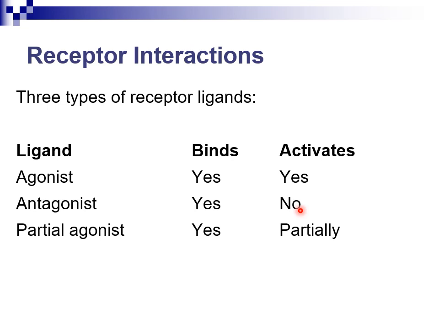It's kind of neutral in that sense. Or if there's an endogenous compound around that activates the receptor, an antagonist will actually block that action. And then we have a partial agonist. That's a drug or an endogenous substance which binds to the receptor and partially activates it.